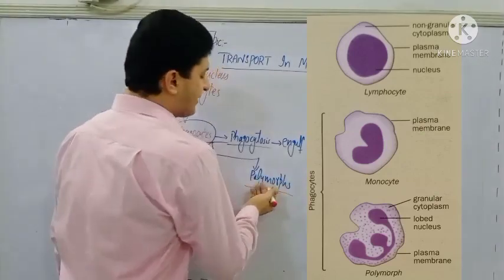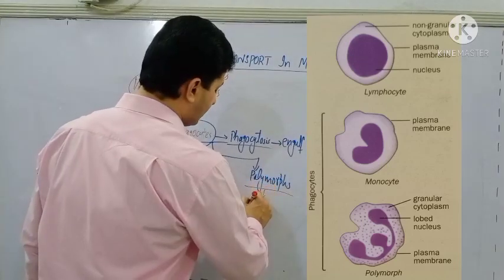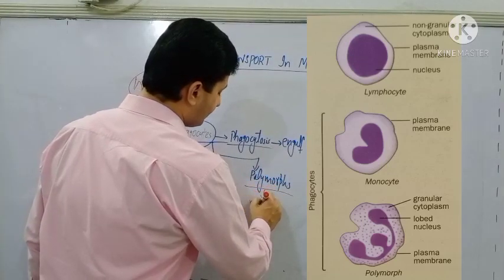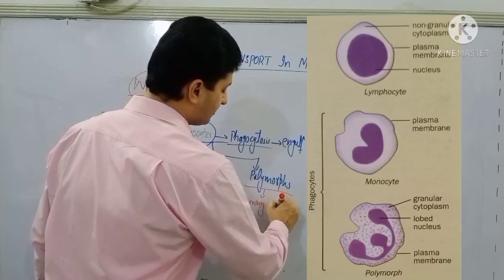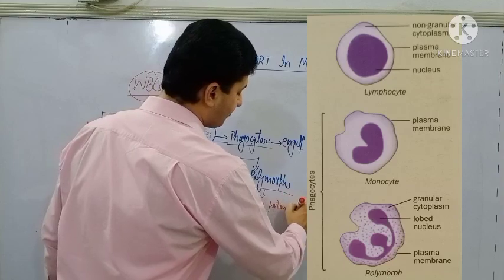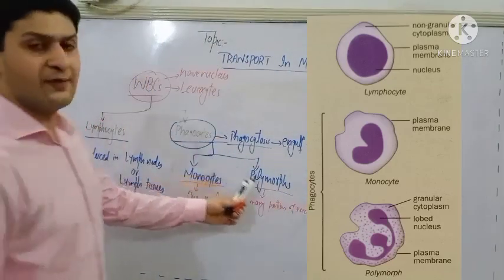And poly means many, morph means structure. So actually they have many portions of the nucleus. So that is why they are known as polymorphs.